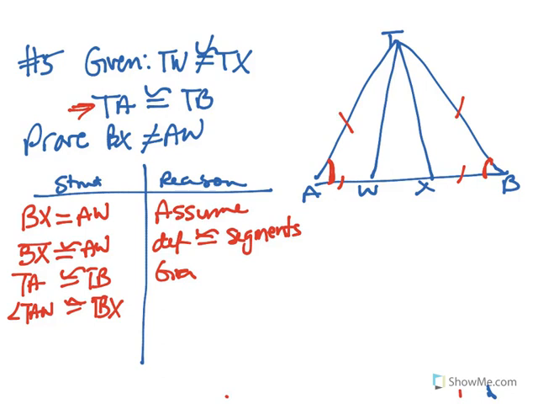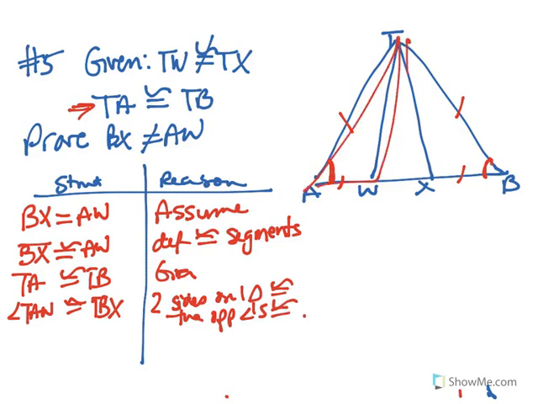Because we have two sides on one triangle congruent, then opposite angles congruent. And if that's true, now we can say that this triangle and this triangle are congruent by SAS.